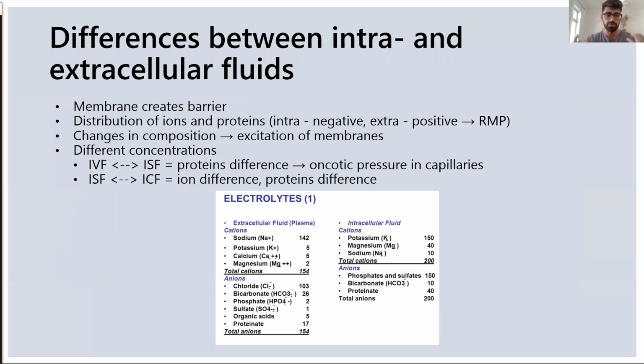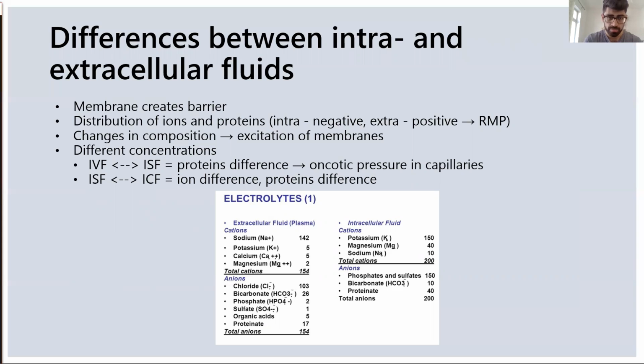In terms of distribution of ions and proteins, intracellularly we have a negative potential, extracellularly a positive potential, and our resting membrane potential is the difference between the two, which is the membrane potential of the phospholipid bilayer, maintained by the constant movement of ions in and out. This is what's going to cause our excitation, which I'll talk about in a couple of slides.